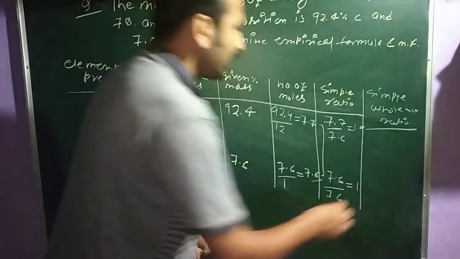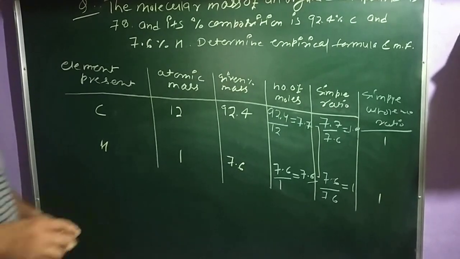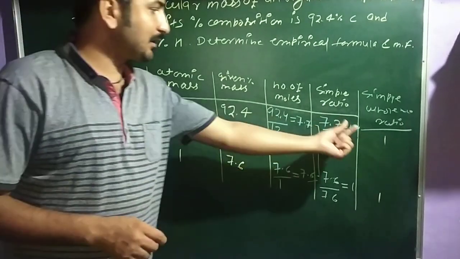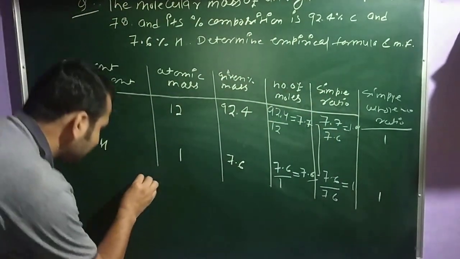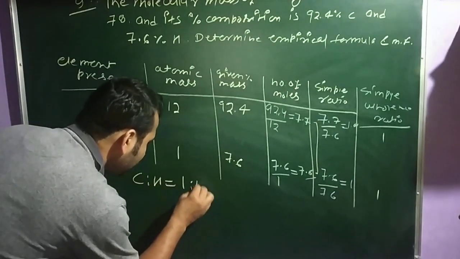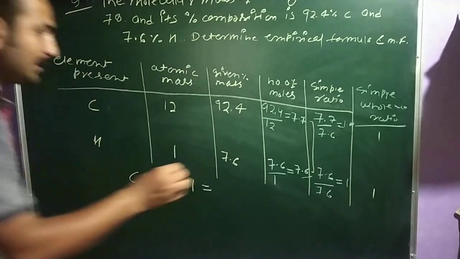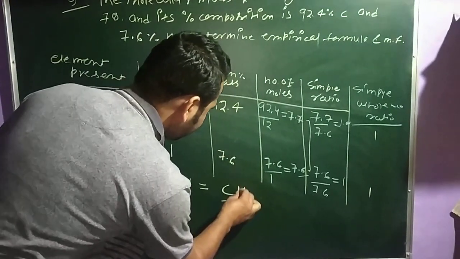So we'll write here 1 and 1. Now it is very clear, one atom of carbon and one atom of hydrogen are combined to form this composition. So you have the simple ratio C to H is equal to 1 to 1. So you can say the empirical formula of this composition is CH.